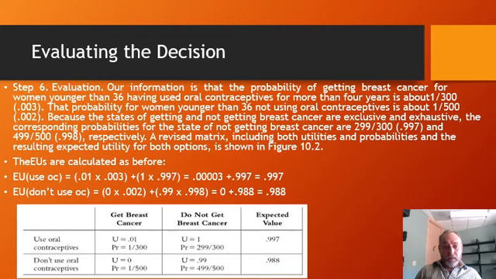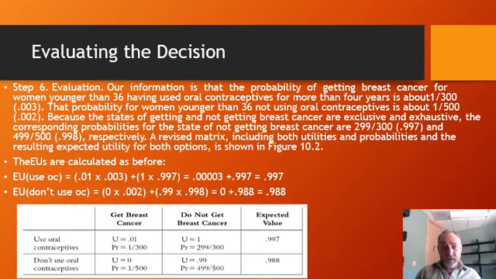Those you can see are just the complement. So 1 minus 0.003 gives us 0.997. 1 minus 0.002 gives us 0.998, so that we have filled out now on the matrix. You can see down there. So using oral contraceptives, getting breast cancer, it's got a utility of 0.01 and a probability of 1 in 300.